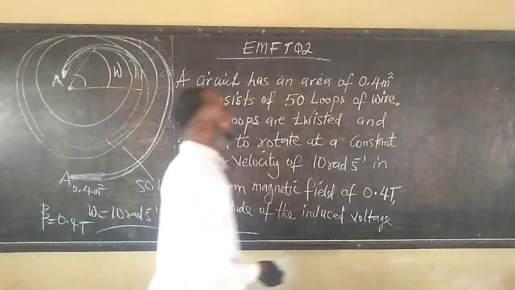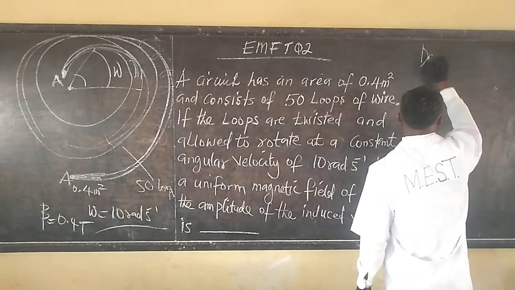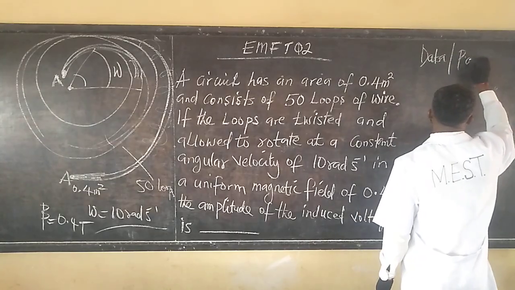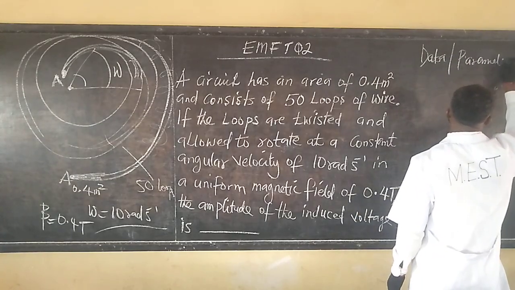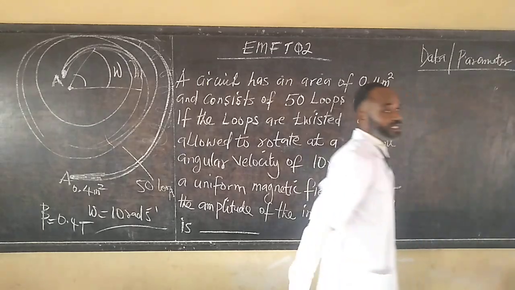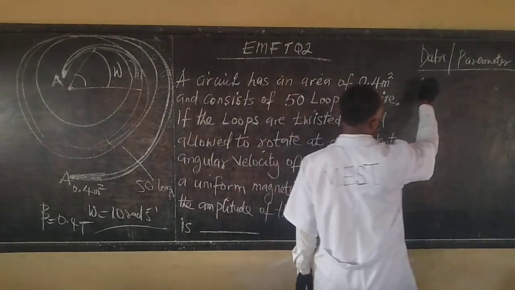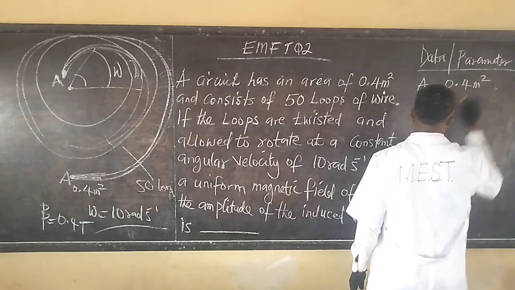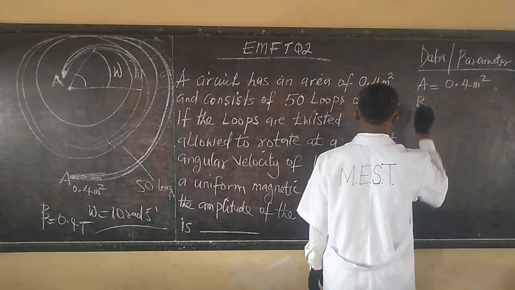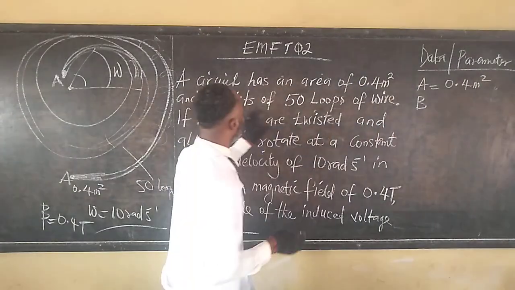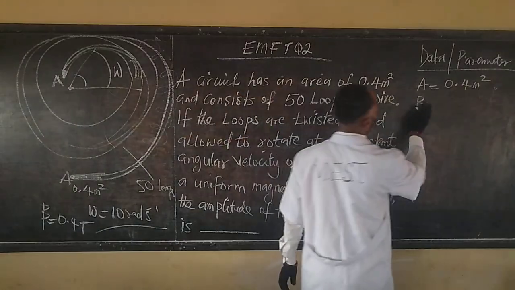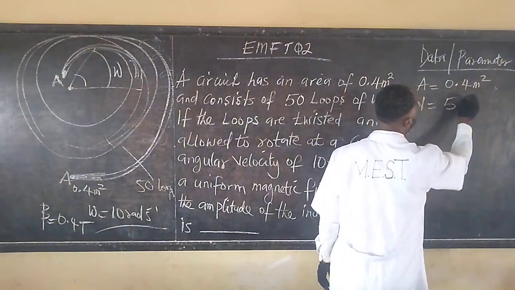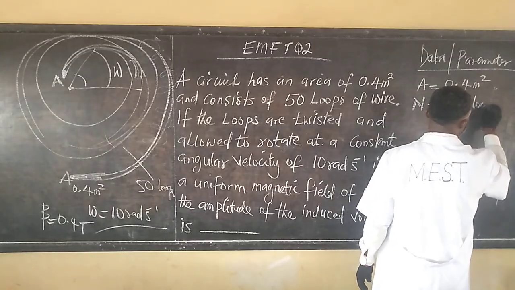So let's bring out all these things as our data, which we call parameters. The first one is A, which is 0.4 meters squared. The second one is the number of coils or turns, N is equal to 50 loops.